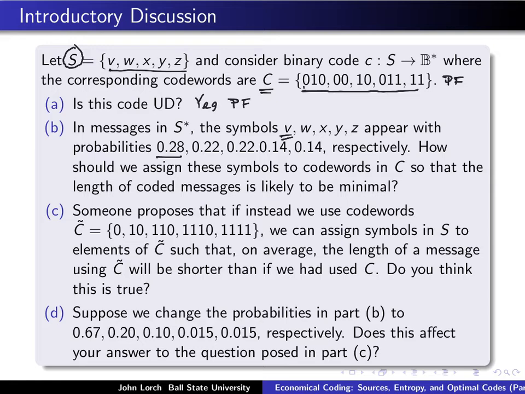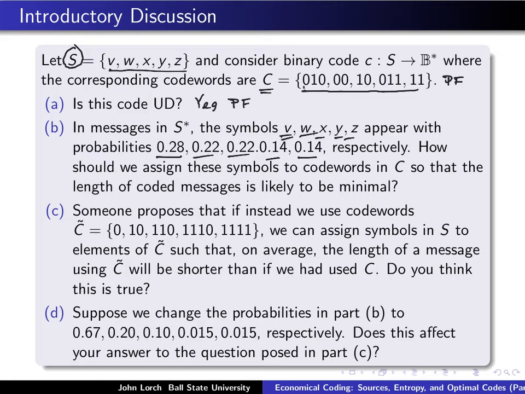The letters W and X will occur with probability 0.22 each. And then the letters Y and Z will occur with probability 0.14 each.